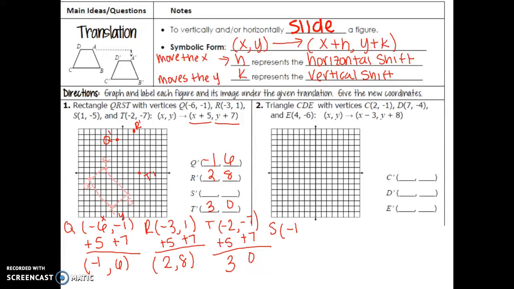And then lastly, we have S. That's a +1 and a -5. Add 5 to my x's, add 7 to my y's. So 1 plus 5, that's 6. -5 plus 7, that's going to be a 2. So for S, that's going to be 6, 2.